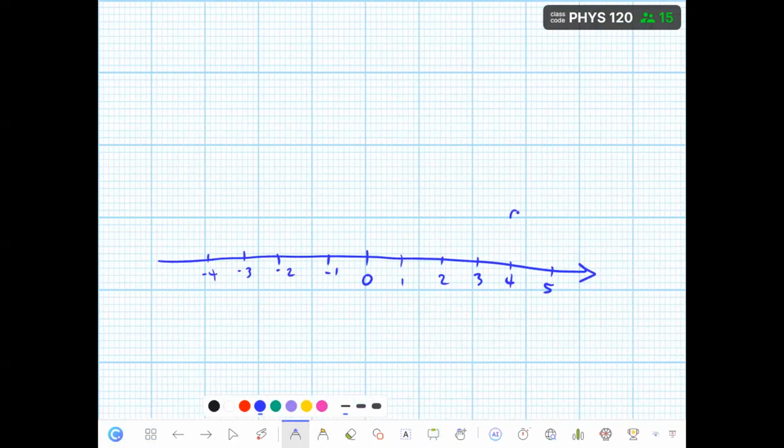The person is here at the beginning, t equals 0. And then after 2 seconds, the person is here, moving to the left. What is the average velocity? Okay, go ahead and calculate the average velocity, please. One minute.